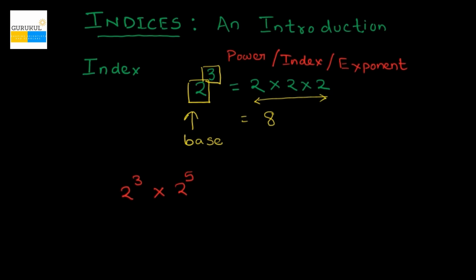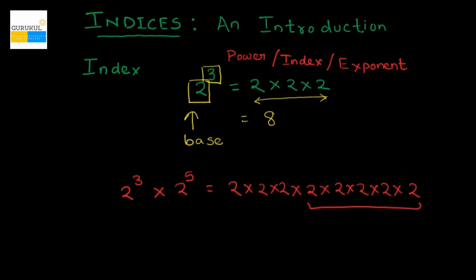5, you can say 2 raised to the power 3 can be written as 2 times 2 times 2, and 2 raised to the power 5 can be written as 2 times 2 times 2 times 2 times 2, that is 5 times. So these 5 are for 2 raised to the power 5, and the first 3 are for 2 raised to the power 3.